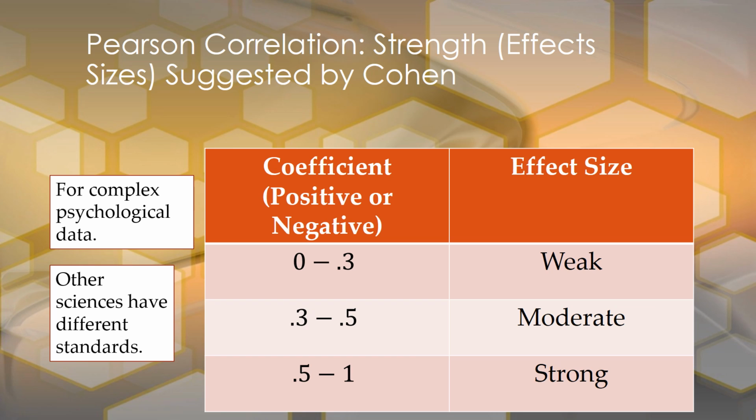So it's going to kind of moot that correlation down between salary and self-esteem. So if you find a correlation at all, then it's kind of promising. So we have lower standards in psychology just because people are very complex. And so Cohen suggested these effect sizes for psychology, but if you're doing other sciences, they might have different standards.